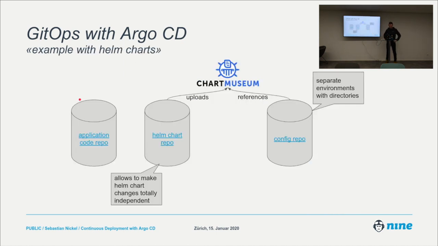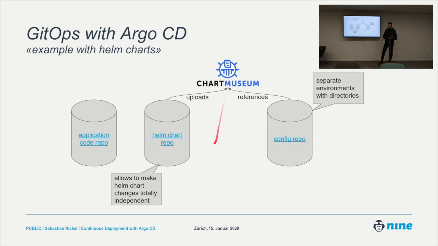Yes, so we're already faster than I expected. That's what I actually propose here. Normally we have a config repo and an application code repo, as I already told you. What I do is also have a Helm chart repo. So I'm developing the Helm chart in its own repo. I'm pushing the packaged Helm chart to Chart Museum, and the config repo basically references that Helm chart.